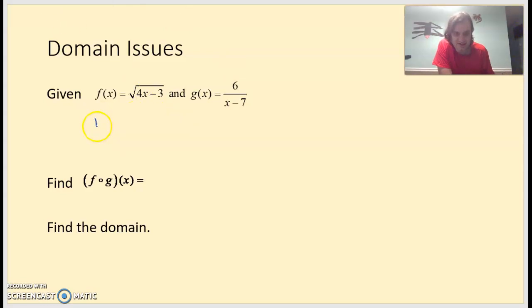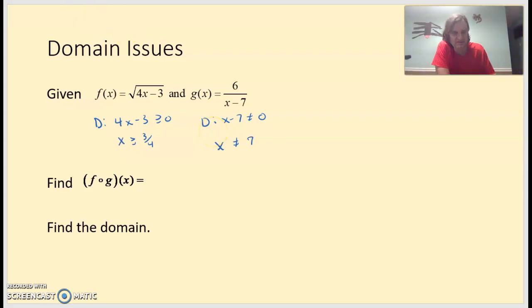The domain of f comes from saying 4x minus 3 is greater than or equal to 0, so x is greater than or equal to 3/4. And the domain of g comes from saying the denominator is not equal to 0, so x cannot be 7. Each one of these functions we're going to build a composite function from has limitations.